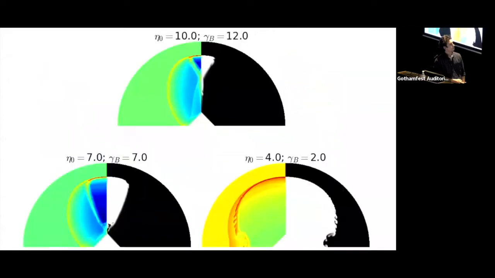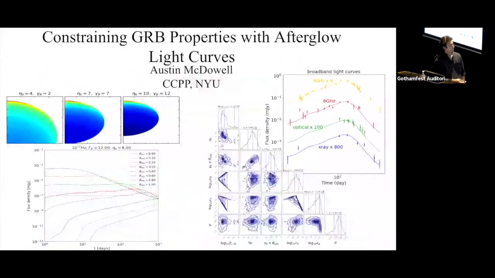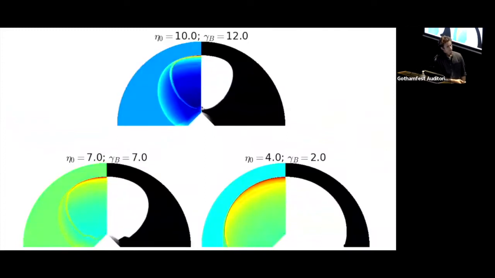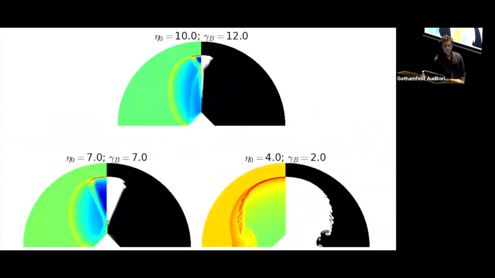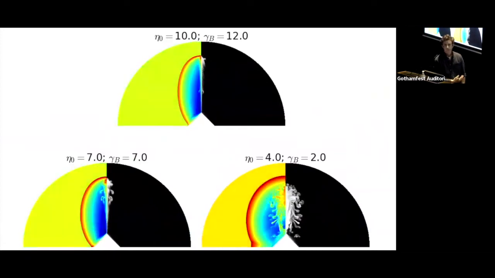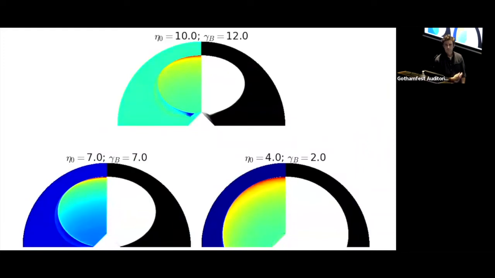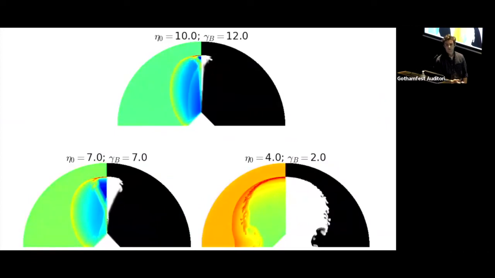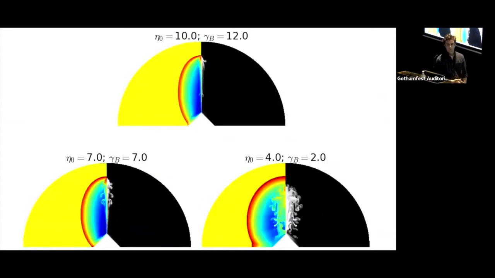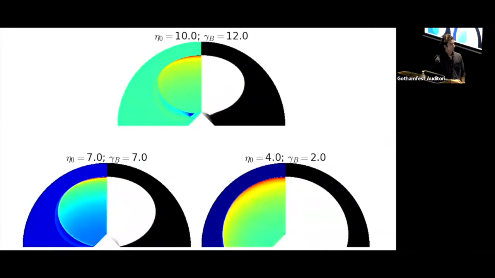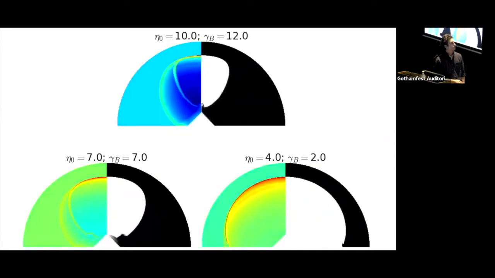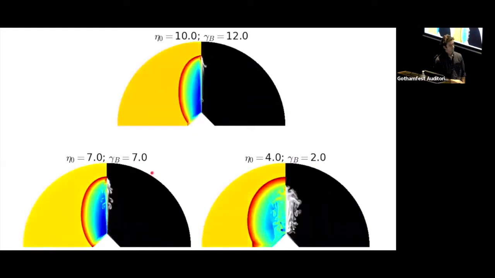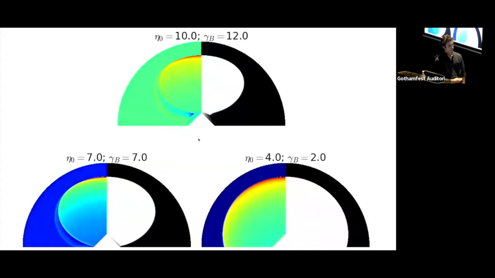In total, the model has about 8 different knobs that we can turn. Things like the energy of the jet, the density of the surrounding medium, the fraction of energy that goes into the electrons, the fraction of energy that goes into the magnetic field, stuff like that. The hydro parameters are first principles motivated.